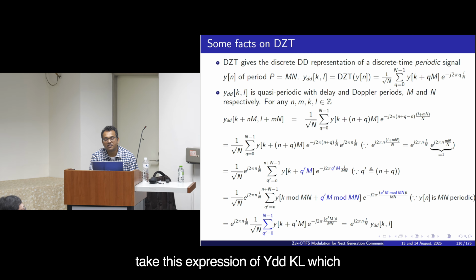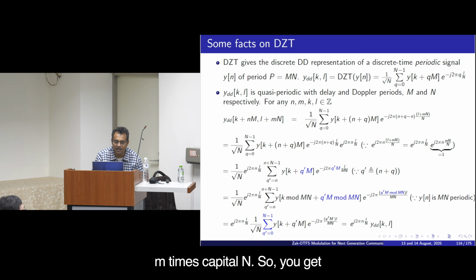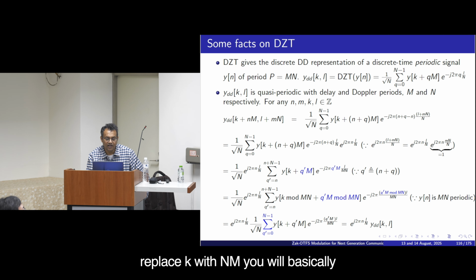So, now you take this expression of y_DD[k,l], which is this one, and you replace k with k plus nM. You replace your l over here with l plus small m times capital N. So, you get this expression basically. Because you replace k with k plus nM, instead of k here you will get k plus nM, and that nM I am combining with qM.